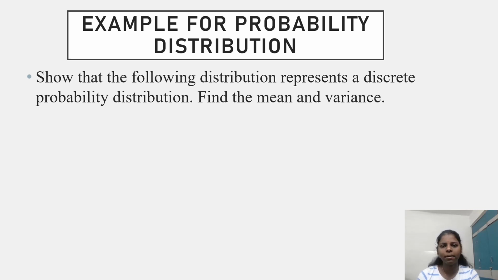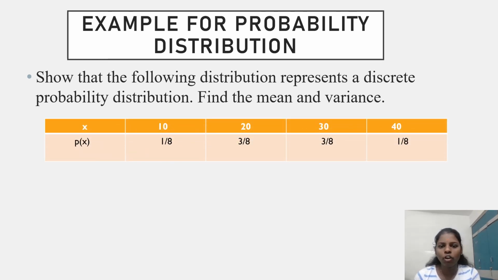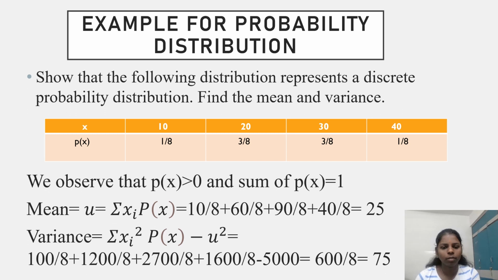Now let us see an example for probability distribution. Show that the following distribution represents a discrete probability distribution. Find the mean and variance. From this table, we have to calculate the mean and variance for showing the discrete probability distribution.